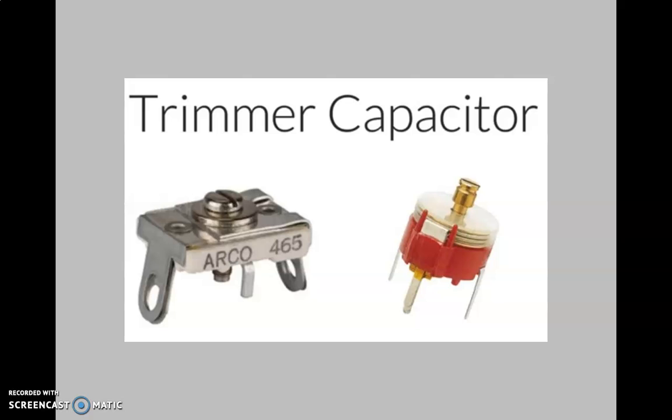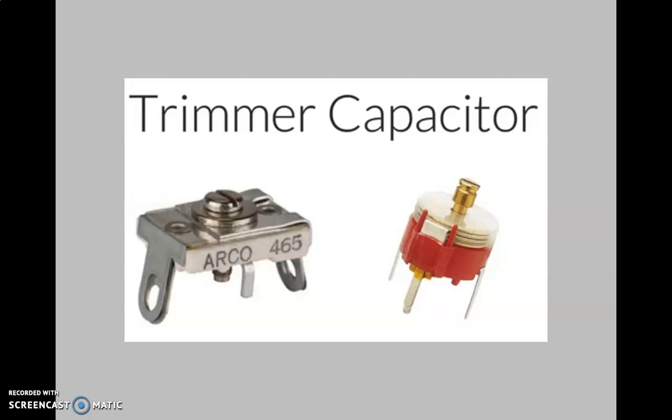This is a trimmer capacitor. This is also a variable capacitor which serves the purpose of initial calibration of equipment during manufacturing or servicing. Users are not supposed to vary these capacitors. It is varied at the time of manufacturing a product. It's not intended for end user interaction. These capacitors are almost directly mounted on the PCB.